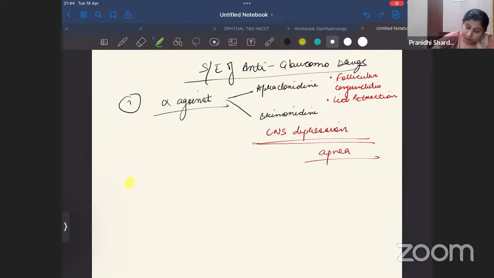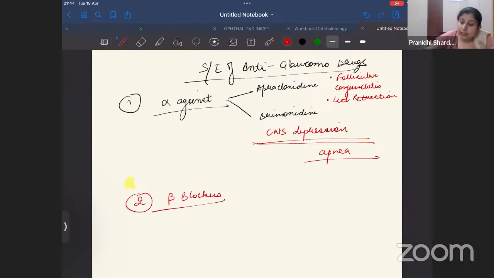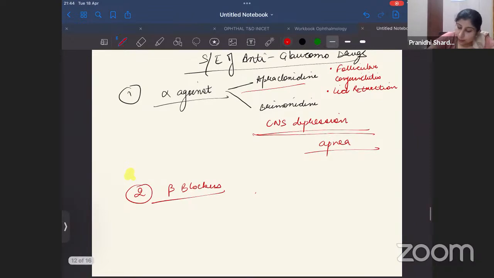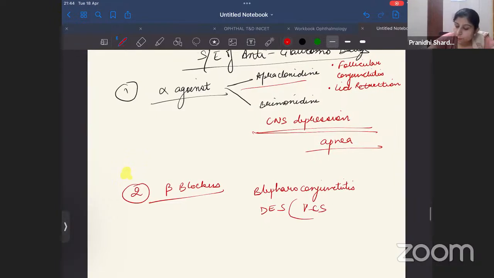Next drug we discussed is beta blockers. Alpha agonists cause follicular conjunctivitis. Beta blockers cause blepharoconjunctivitis. Apart from this, they also cause dry eye syndrome or keratoconjunctivitis.